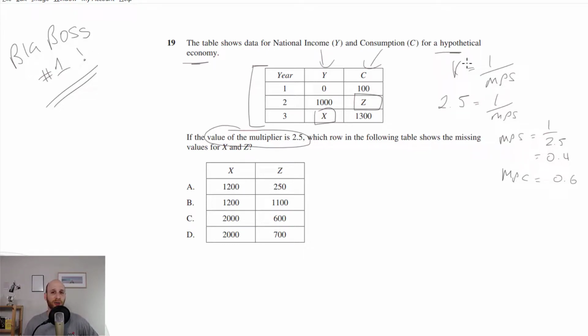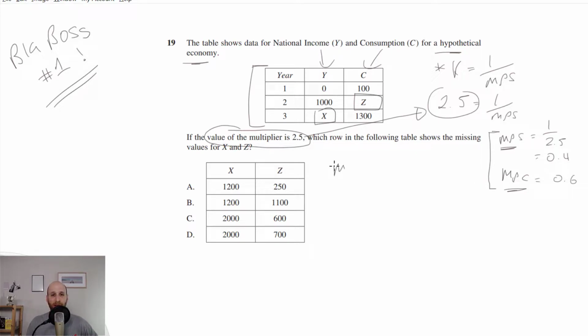So just to go back over it, all I've done is I've taken the multiplier formula, I've added the number that they've given us, and then I've just solved it. So there's MPS and there's MPC. So then we can actually use these numbers to try and solve our issues here.